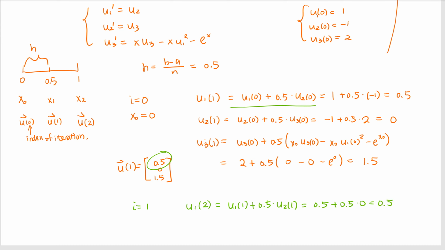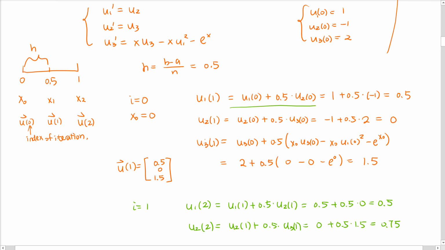The answer is 0.5. Next, u2 of 2 is u2 of 1 plus 0.5 times u3 of 1. u2 of 1 is 0, u3 of 1 is 1.5. 1.5 times 0.5 is 0.75, because it's half of 1.5.